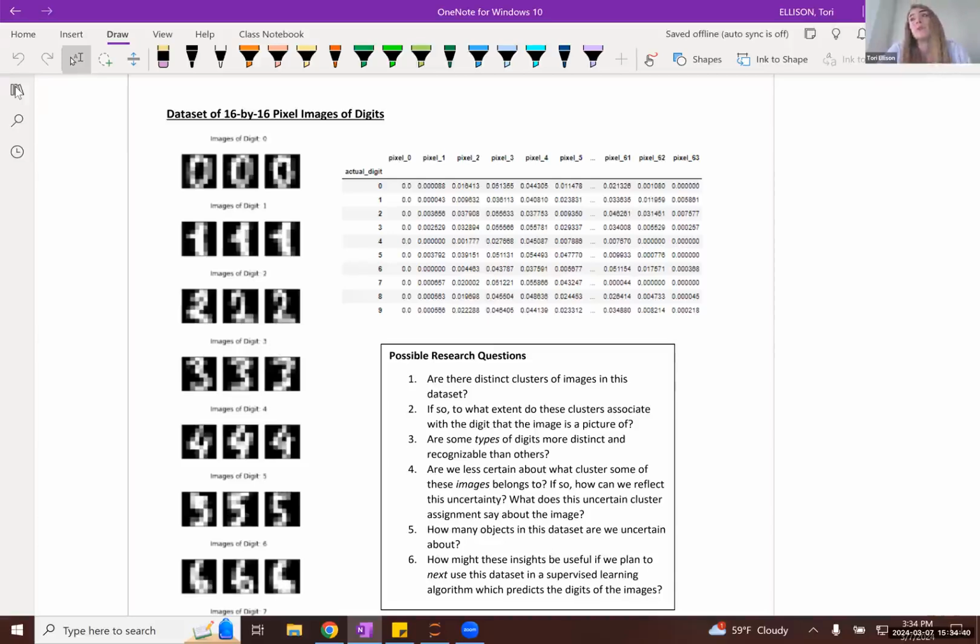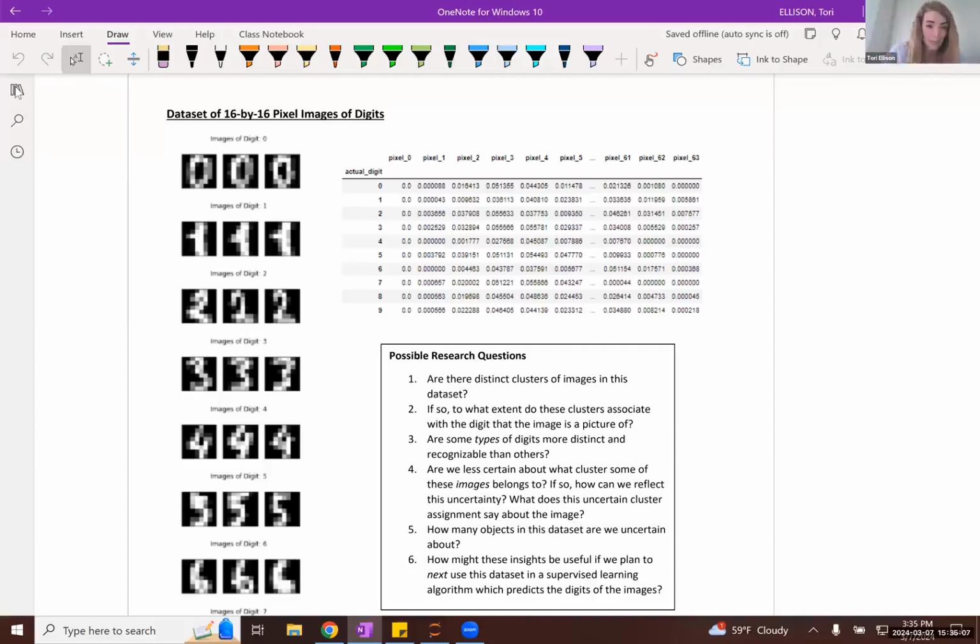For instance, if you're creating your own new clustering algorithm or your own new supervised learning algorithm, quite often one way to build confidence in how effective your algorithm is, is to apply it to one of these well-known benchmark data sets, and then you can say, here's how our algorithm performed on this data set that you all know and love.